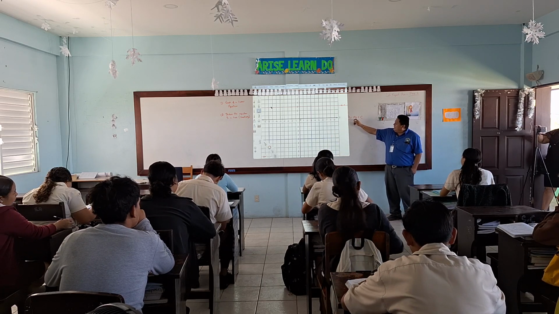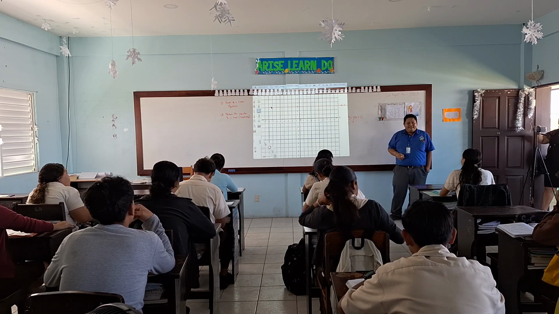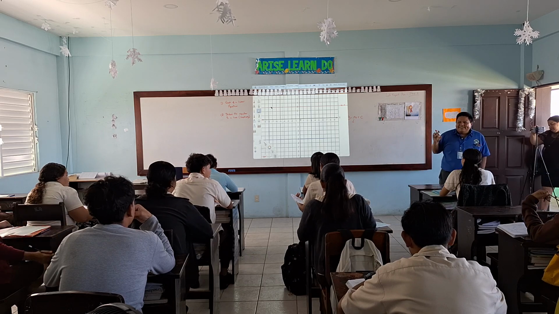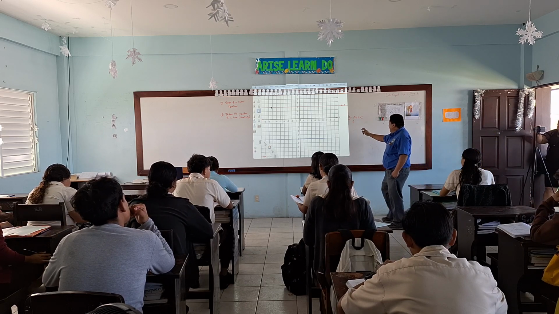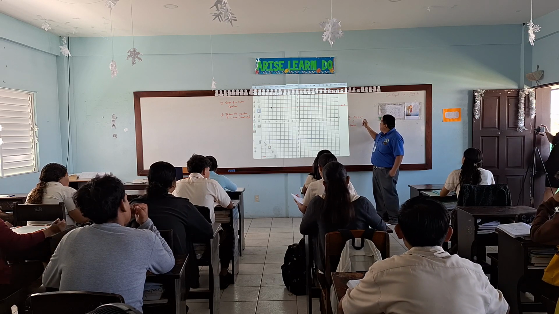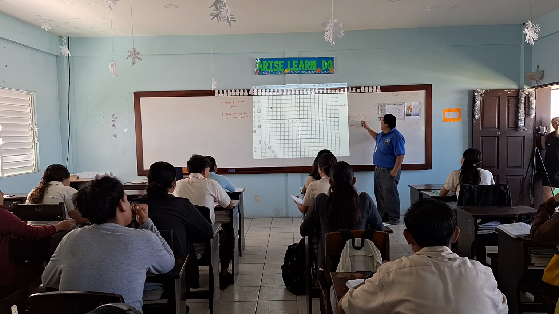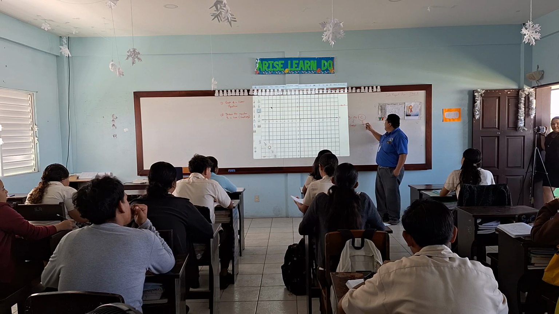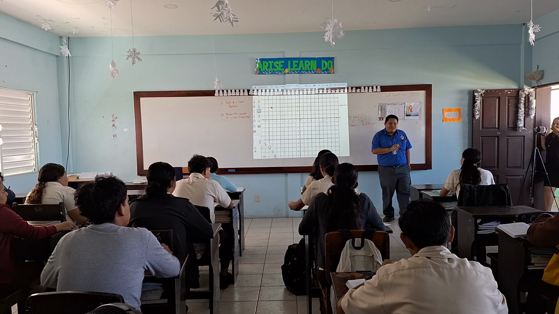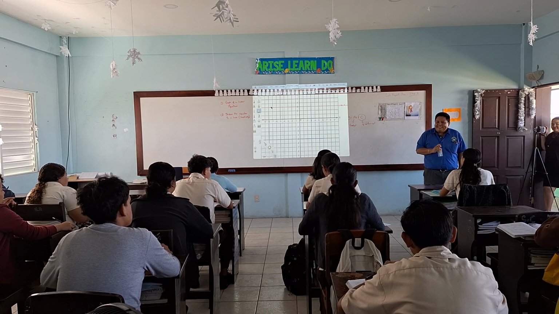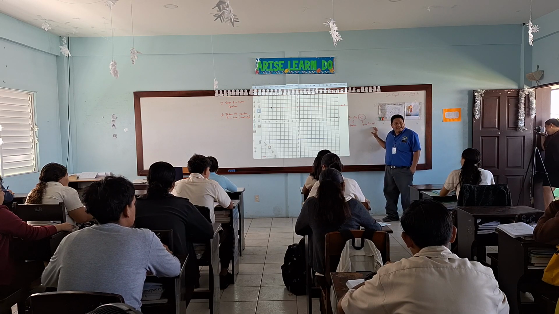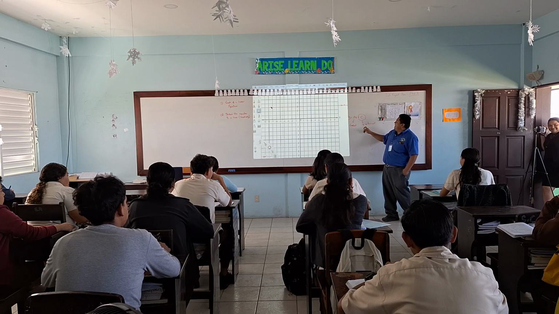Where m represents the gradient, which is the slope, right? And c is the y intercept. So this is the point where the line will pass through the y-axis, the three. Some people call this the starting point.